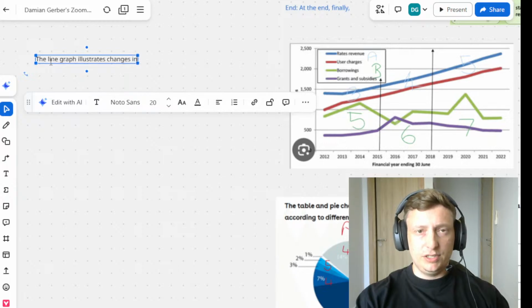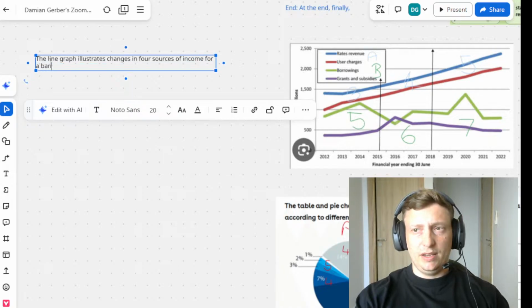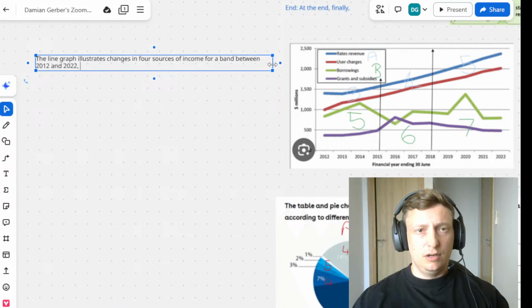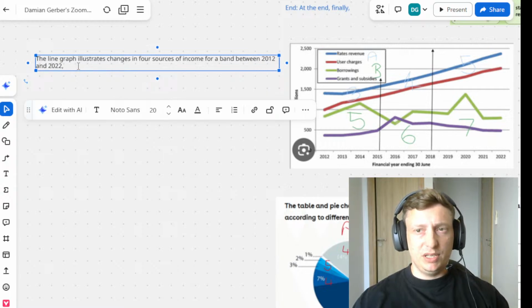We have 4 categories, so 4 sources of income for a bank, and then what are the years between 2012 and 2022. And then we also want to look at how are they measuring this? So this is being measured in dollars, but not any dollars, it is millions of dollars, right? So measured in millions of dollars.